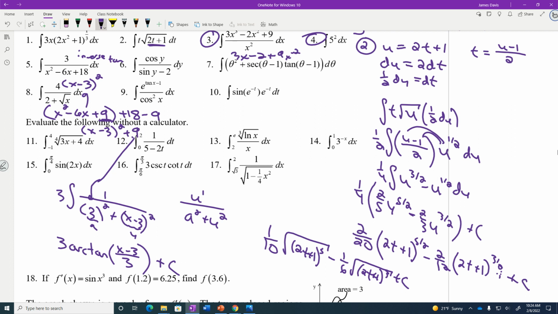It could be a natural log. Yeah. So it will end up being a natural log. It's actually a natural log and a U substitution kind of put together. But you could probably figure out that it's just a natural log.